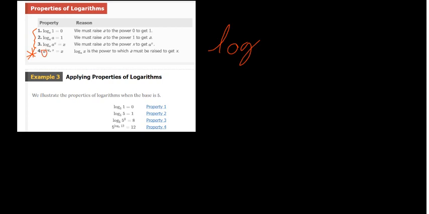Because that's the base there. Log base a, and then that is equal to, well, what is that equal to? Log base a of x. Well, shoot. Sorry. It should be that. I'm sorry.